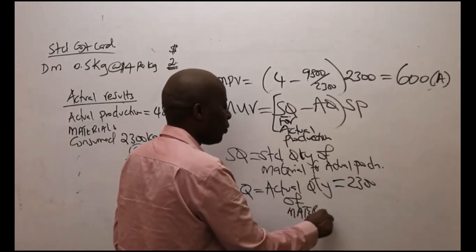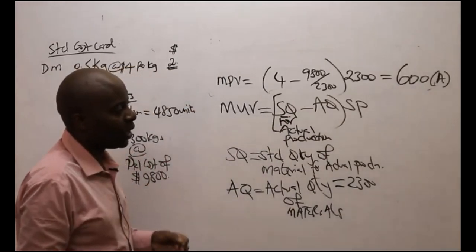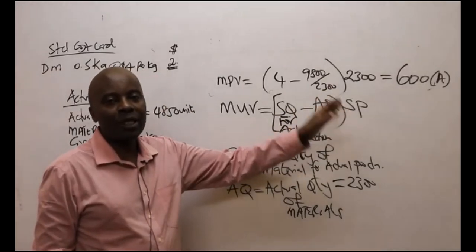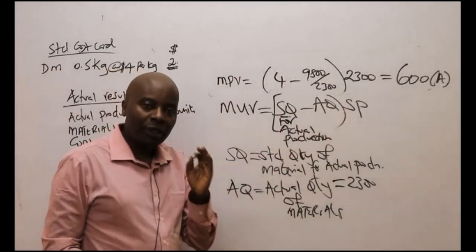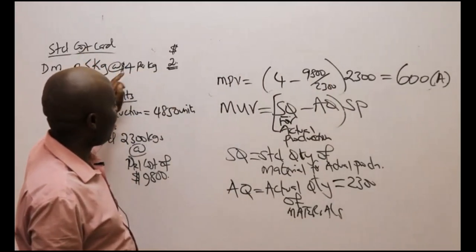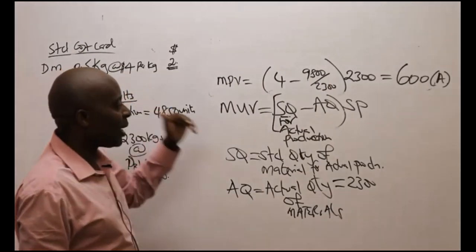Actual quantity of materials is 2,300. And then, of course, SP is standard price per kilogram. You gave me a figure of 4. So let's come back here.